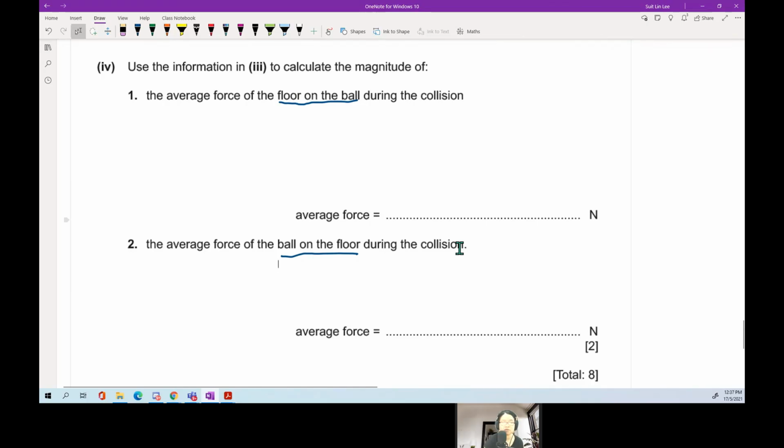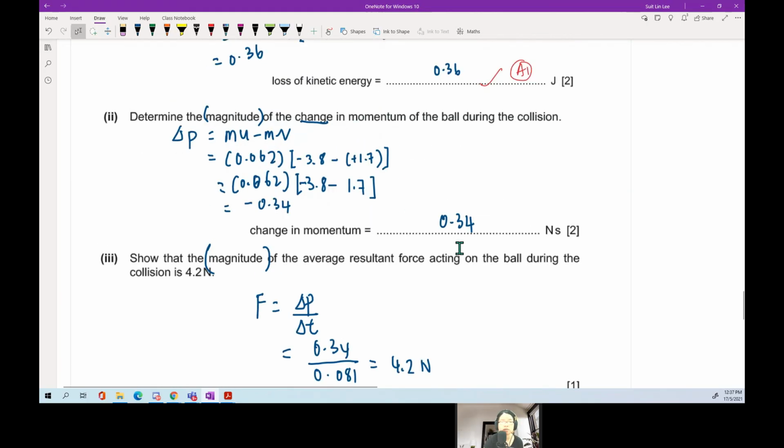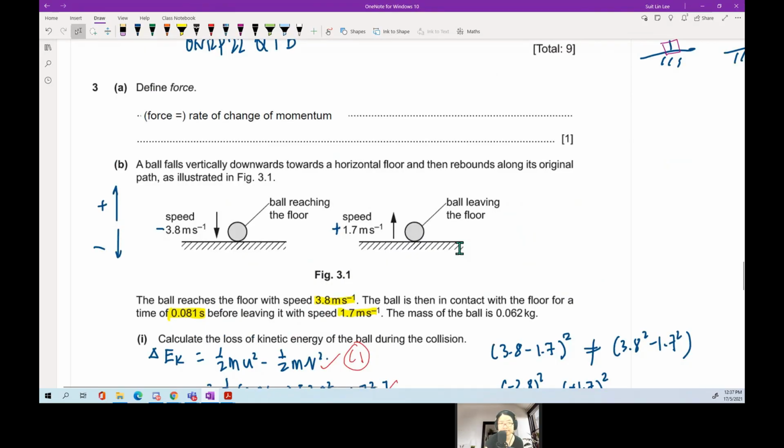No. Why? Because the change in momentum of the ball was 0.34. Actually, it's positive 0.34, because the ball turned to the positive direction, moving up.